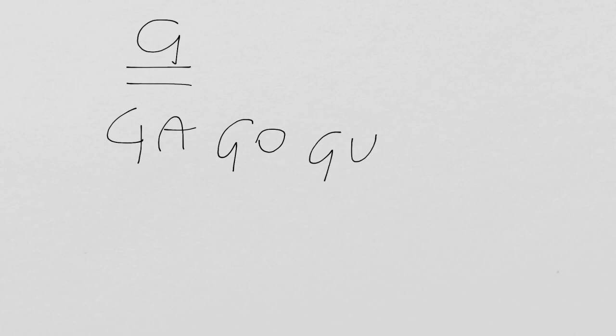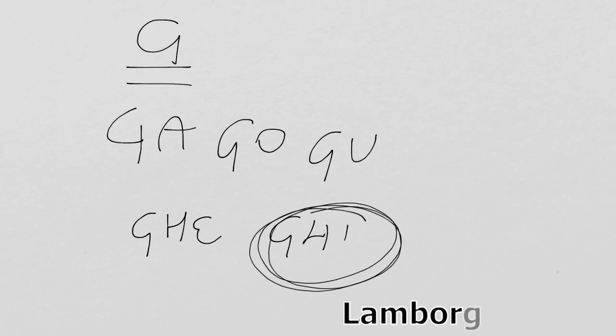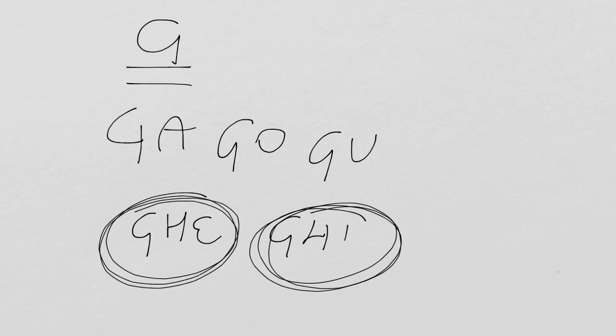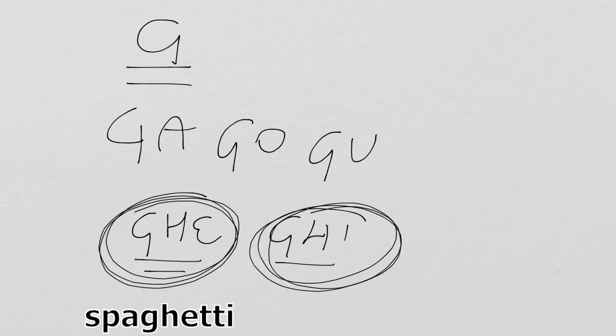Now, letter G is identical, so you will expect ga, go, gu, and for ge, gi, yes, we insert an H. Now you know how to spell Lamborghini. Spaghetti.